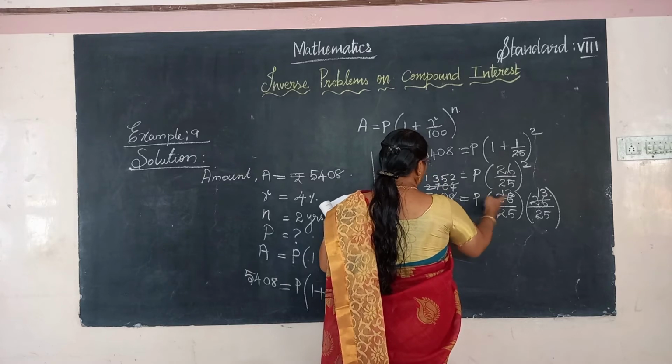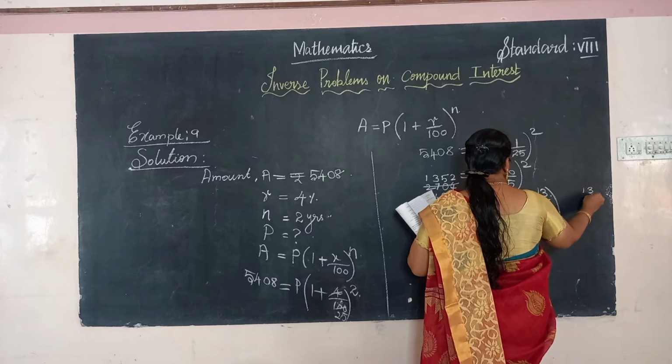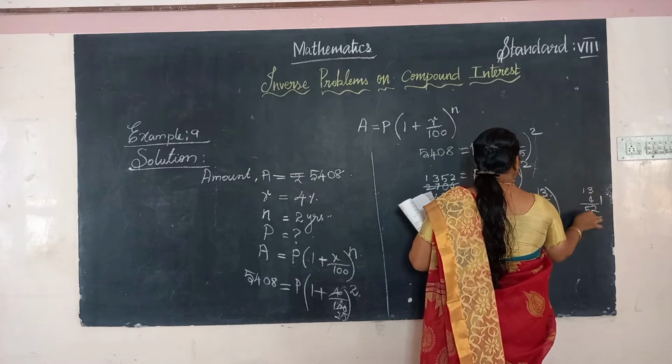Can you cancel in the 13 table? Yes. 13 4s are 52.